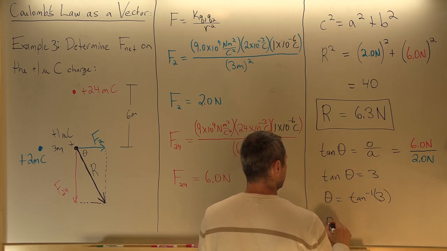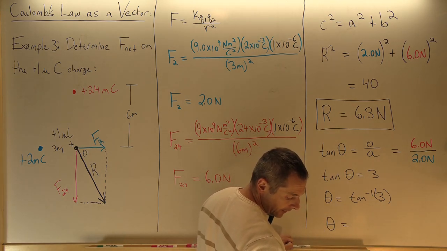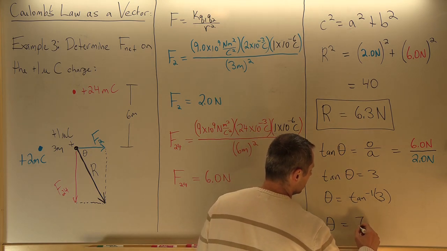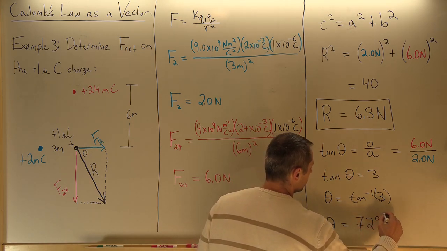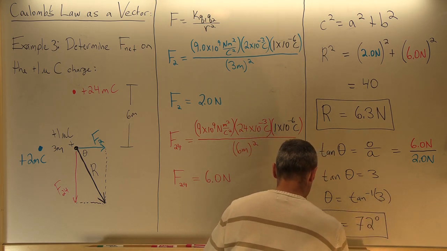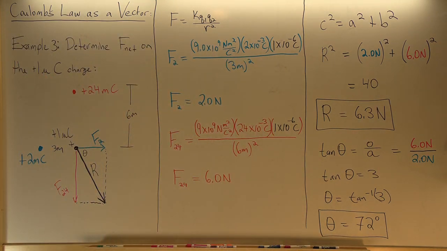And so theta comes out to be, if you punched it on a calculator, I believe you get 72 degrees. Okay, so there is the angle. All right, let me create a pause to allow you to copy that solution down.